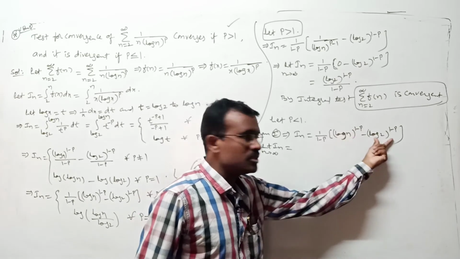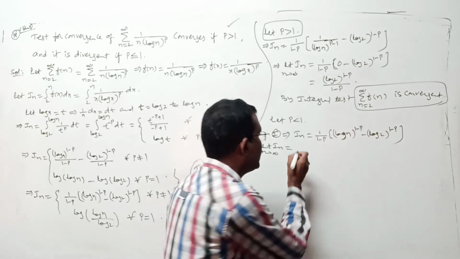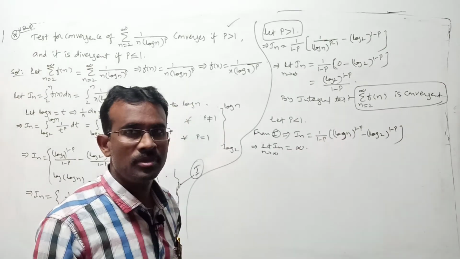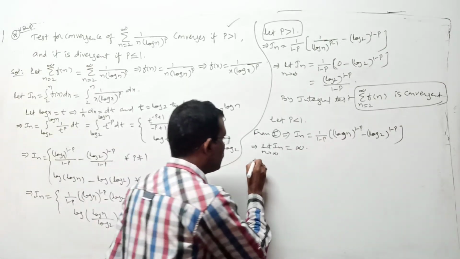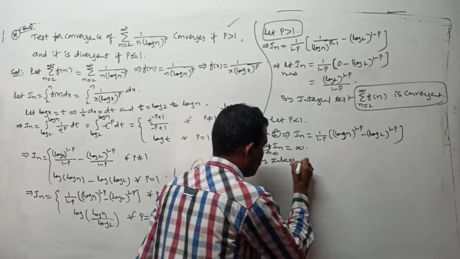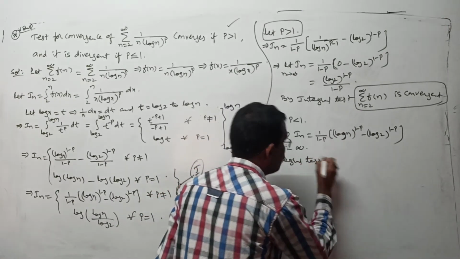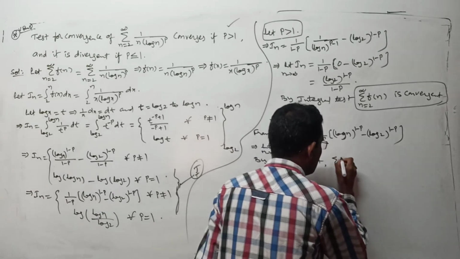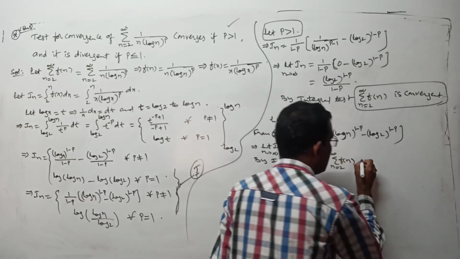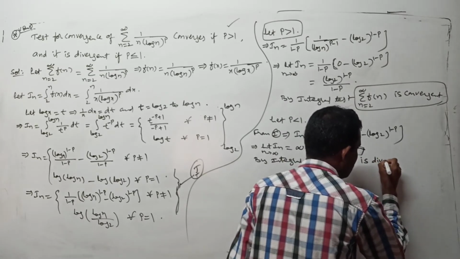So this minus this also tends to infinity, whole by this, also tending to infinity. Means the limit of I_n is infinity. Whenever it is infinity, by integral test, we say that sigma f of n from n equal to 2 to infinity is divergent.